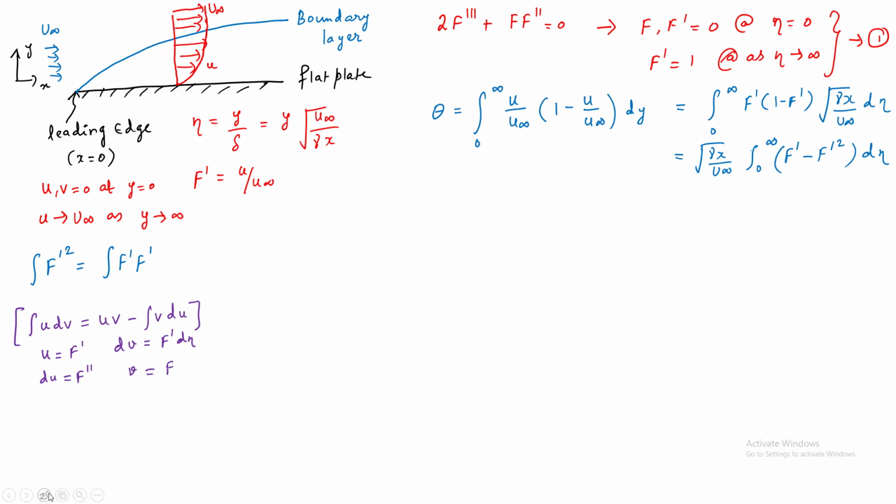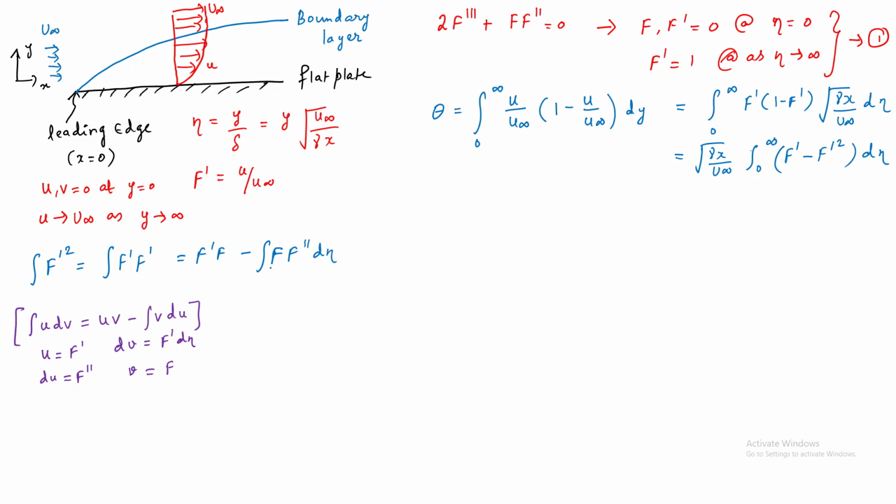Okay, so let's substitute everything in this equation. We have uv, where u is f' and v is f, minus the integration of v du, that is f times f''.